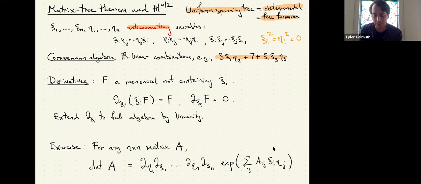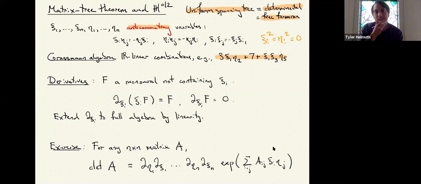So an example of an element of the Grassmann algebra is 3 xi1 eta 2 plus 7 plus xi1 xi3 eta 5. And all of these objects are going to be polynomials of a maximum possible degree, because if I ever take the square of something, I get 0. So it's just this collection of polynomials.